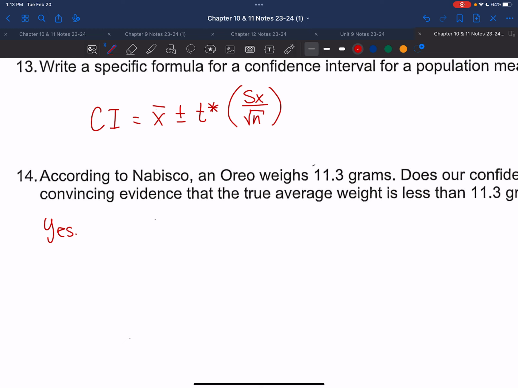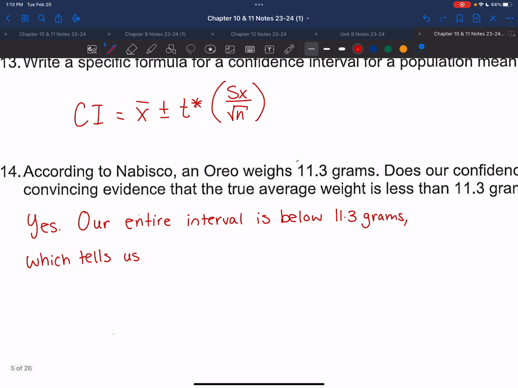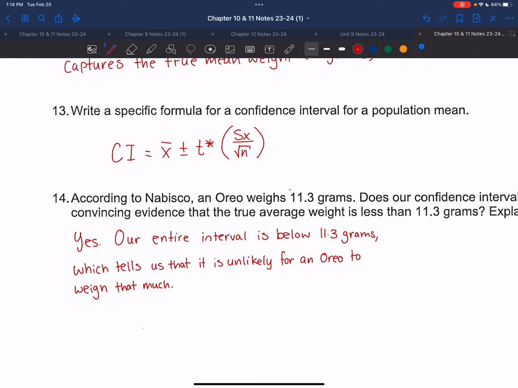Our entire interval is below 11.3 grams, which tells us that it is unlikely for an Oreo to weigh that much.